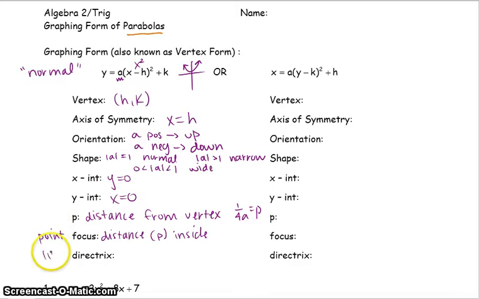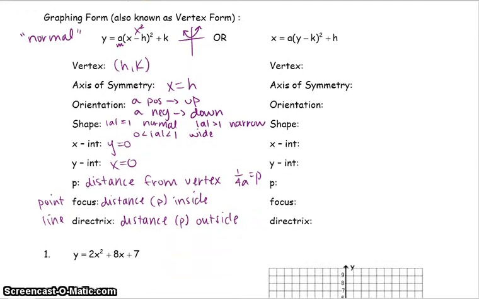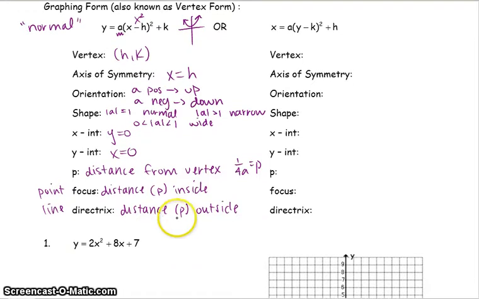And our directrix is going to be a line, at our distance p, but on the outside of our parabola. Our directrix will never touch our parabola. Never ever. Since our directrix is a line, we would draw it like we would our axis of symmetry, a dashed line, because it's not really on our parabola.